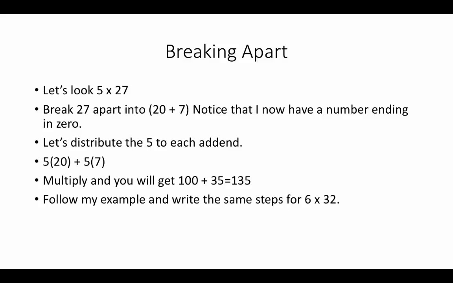So follow my example on the screen and do the same steps for 6 times 32. So remember, you're going to take 32, break it up into expanded form so that you have a number ending in 0, and then you're distributing the 6 and then evaluating the problem. So pause now and do that problem.